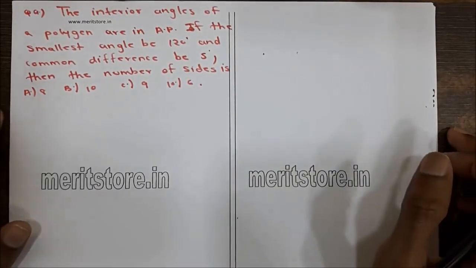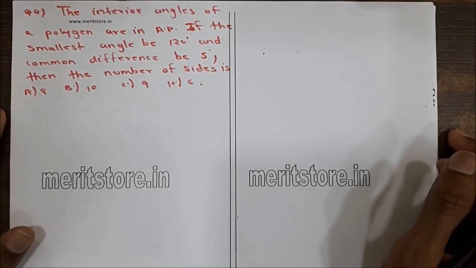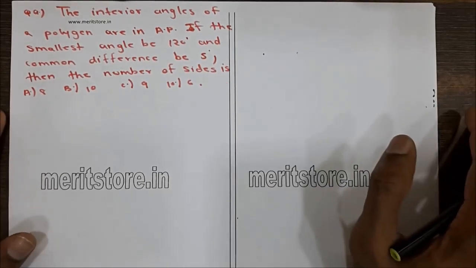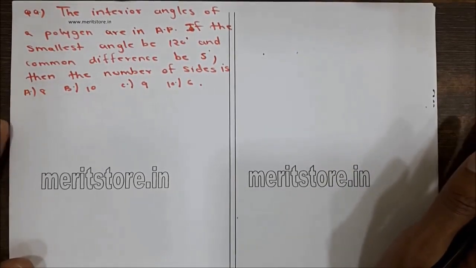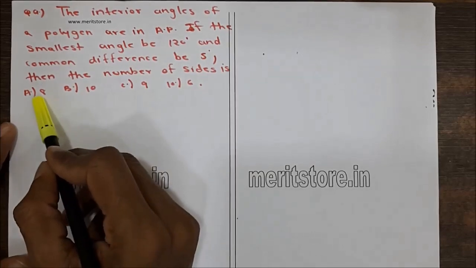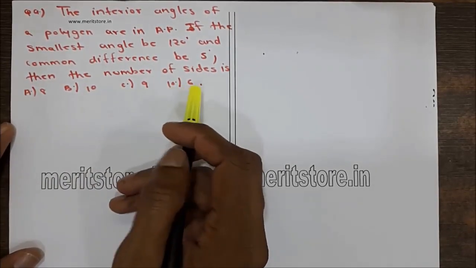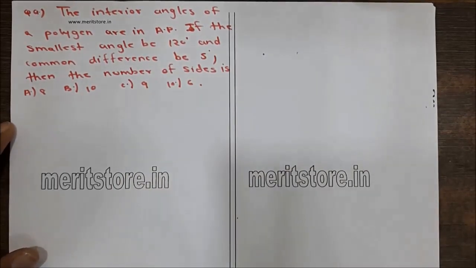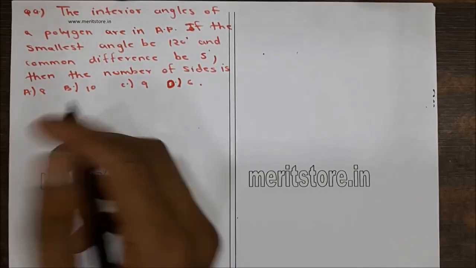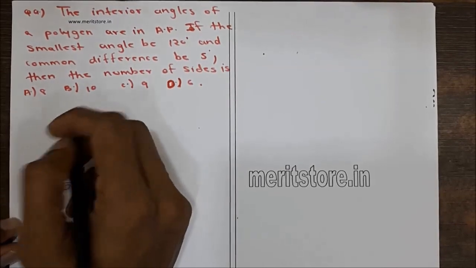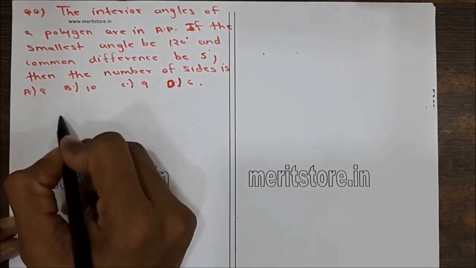Question 9. The interior angles of a polygon are in AP. If the smallest angle is 120 and the common difference is 5, then the number of sides is: A) 8, B) 10, C) 9, D) 6. Let the number of sides of the polygon be n.